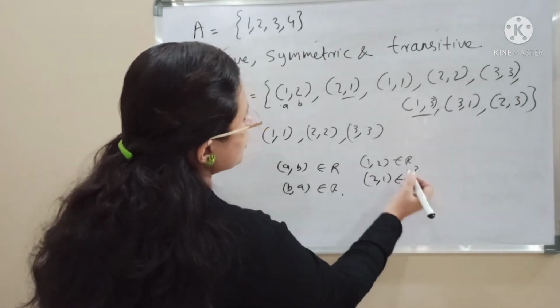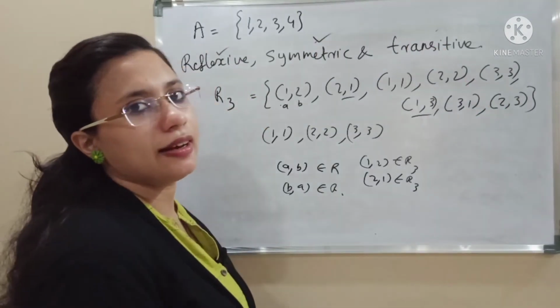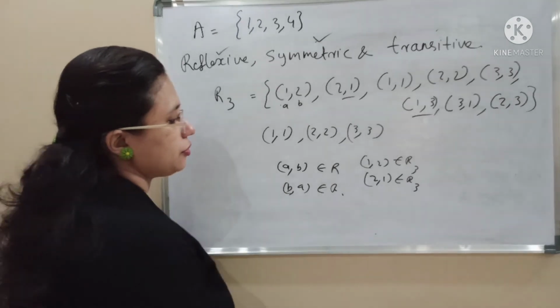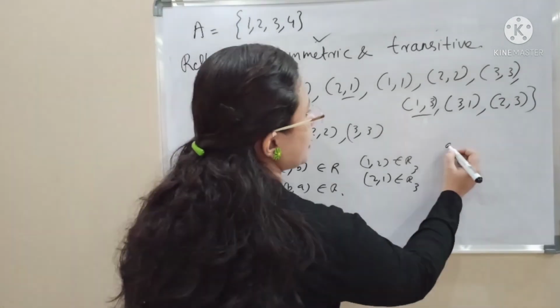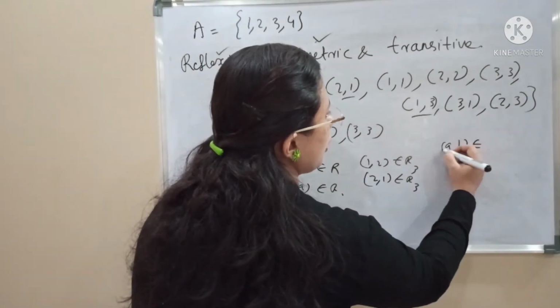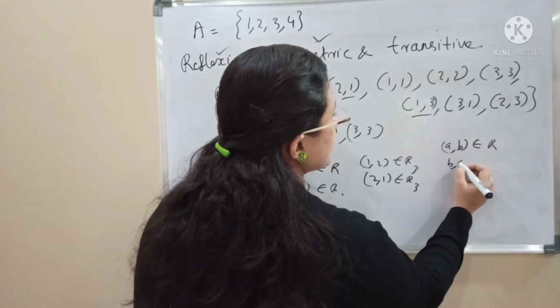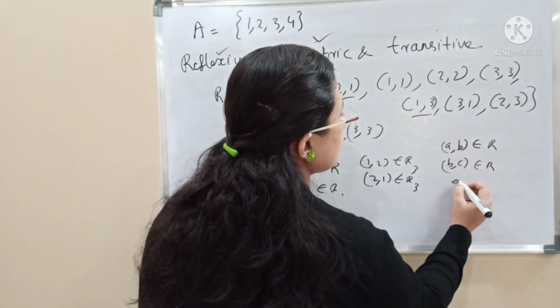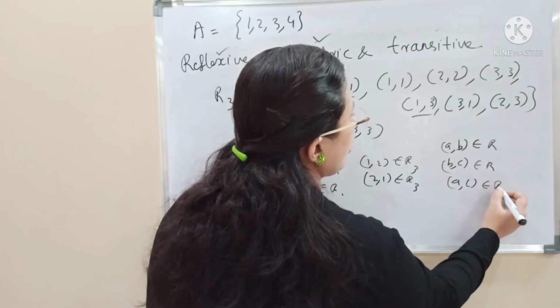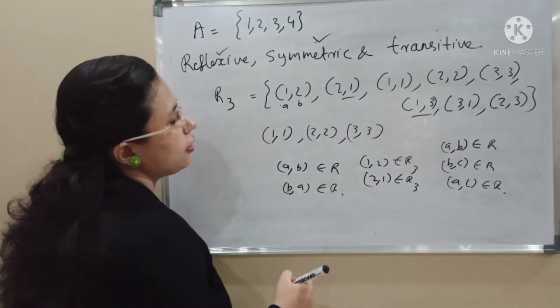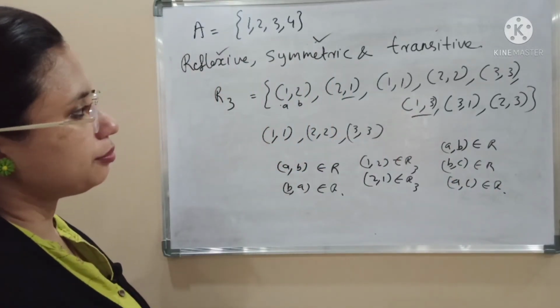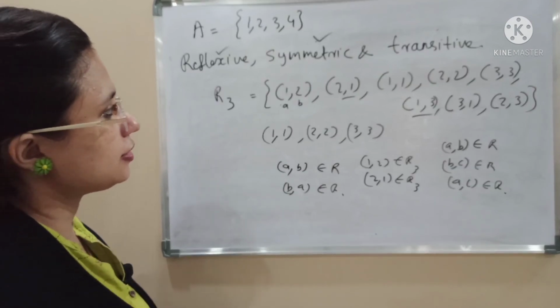So this condition is symmetric. Clear? Next is transitive. What is the transitive condition? If (A,B) belongs to R and (B,C) belongs to R, then (A,C) belongs to R. Are the related relations there in the set?